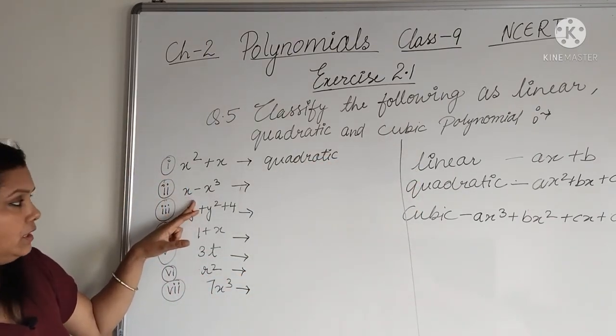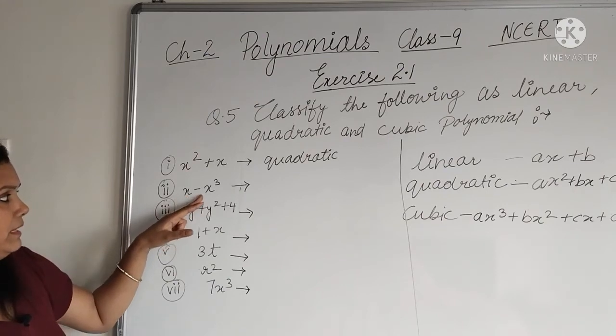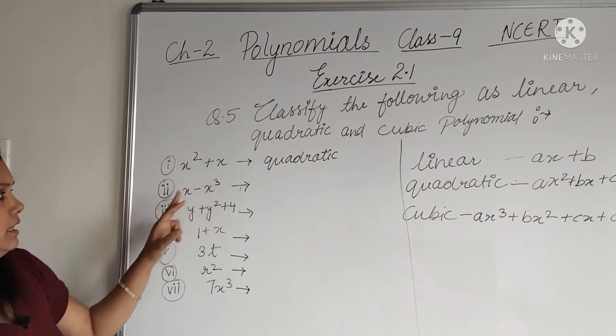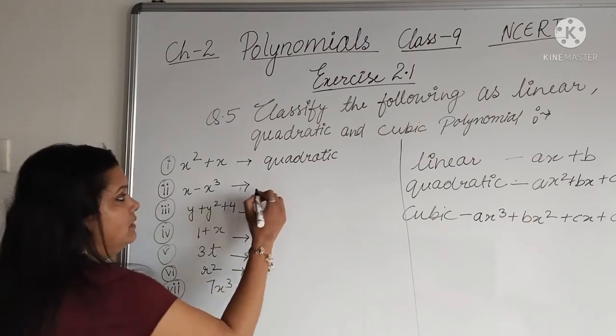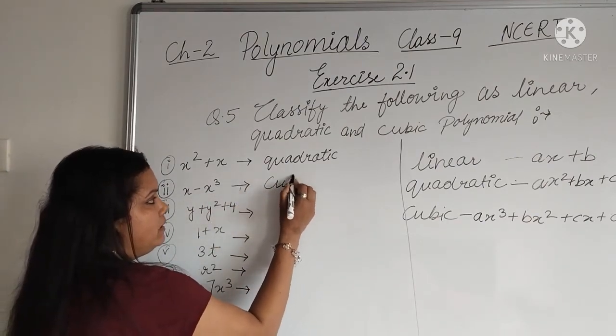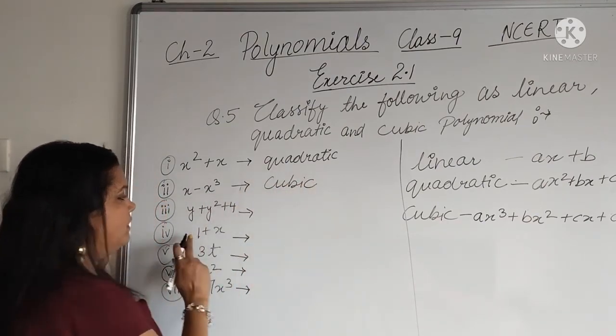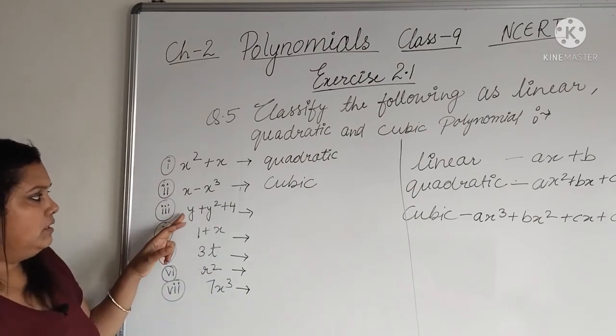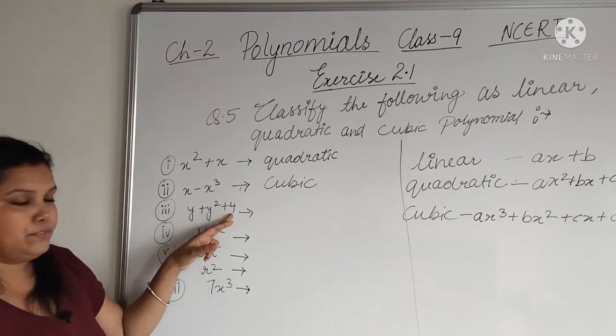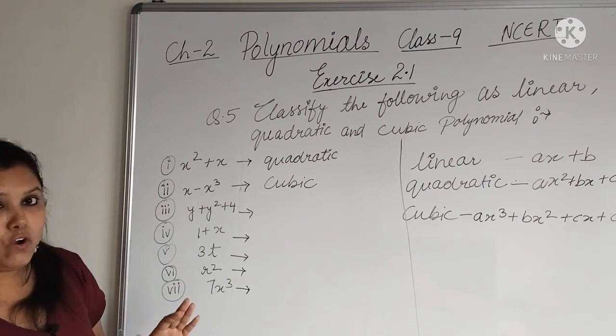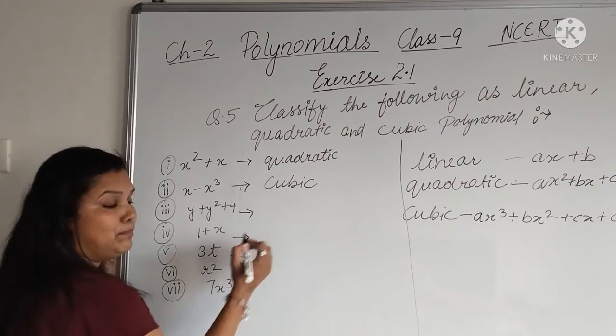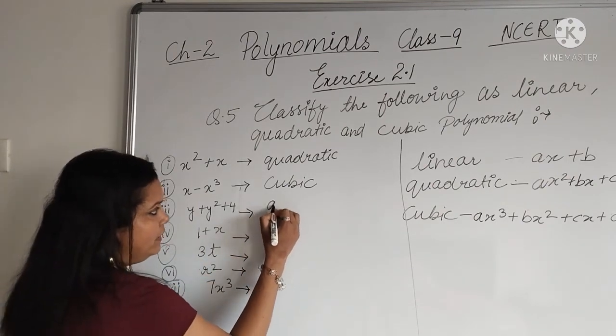And in question number 2, x minus x to the power 3. The highest power is 3. That means it is cubic. In the next one, y plus y square plus 4. The highest power of the variable is 2. That means it is a quadratic polynomial.